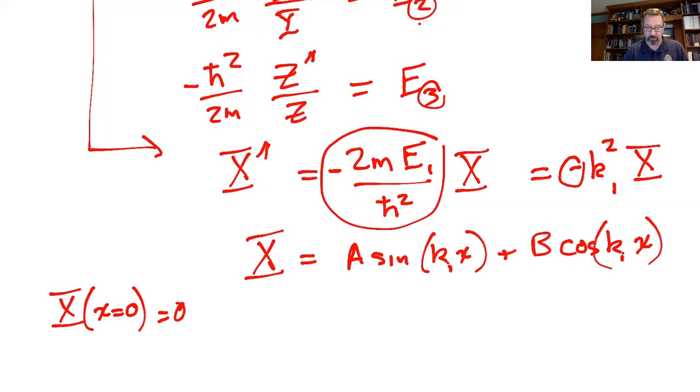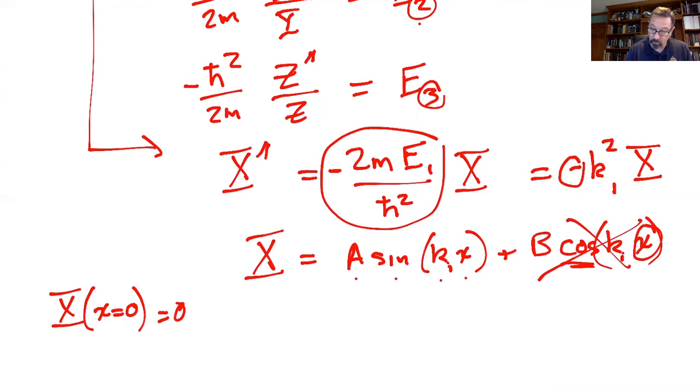So the wave function must be 0. Well, the problem, of course, is if the wave function has to be 0 at x equal to 0, the cosine of 0 is 1, not 0. And that means this term right here goes away. Mathematically, the way it goes away is that coefficient b is assigned the value 0. So our answer for the x function is a constant times the sine of k1 times x.